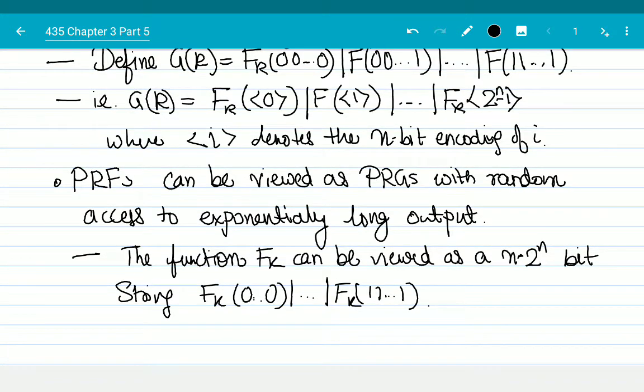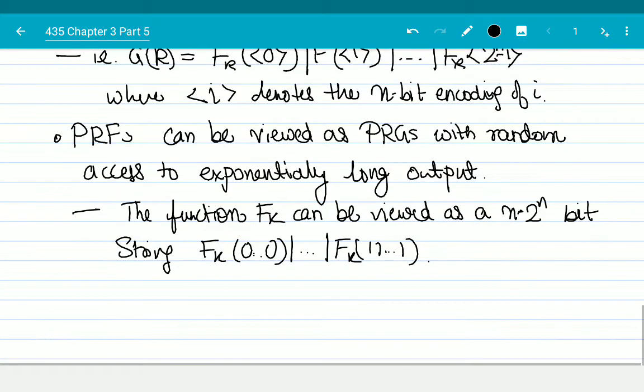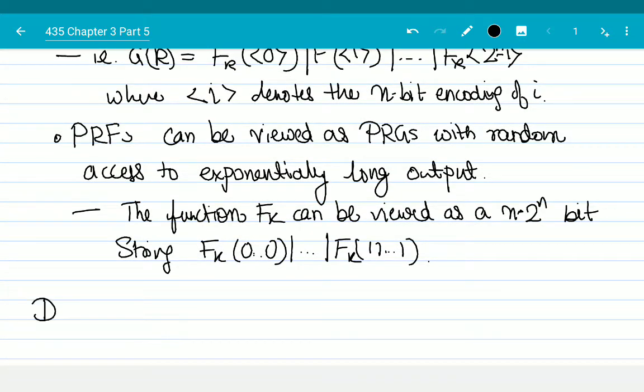But the question is, do these really exist? Can we really find pseudo-random functions, or are we saying that it would be awesome if such a thing exists, but they don't really exist? Do PRFs, PRPs exist?